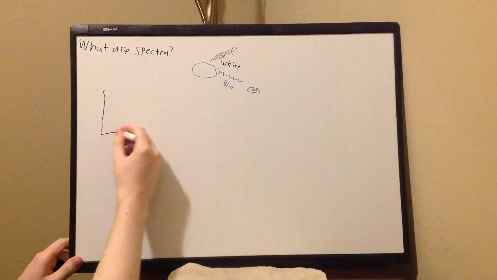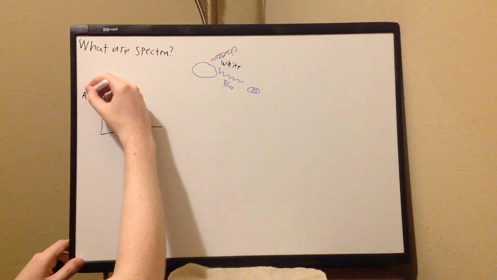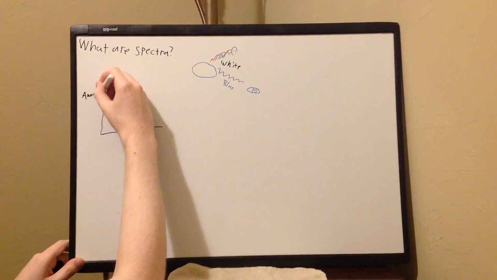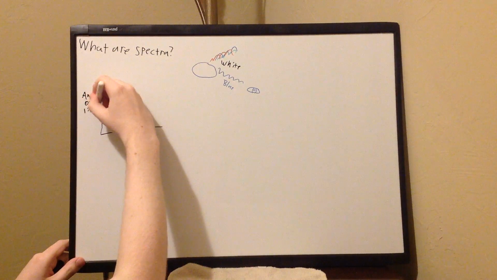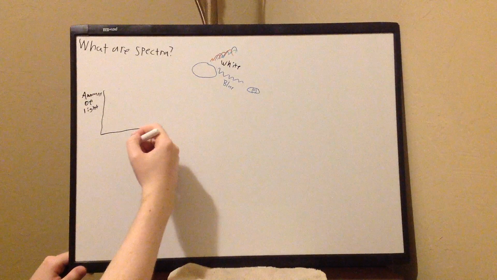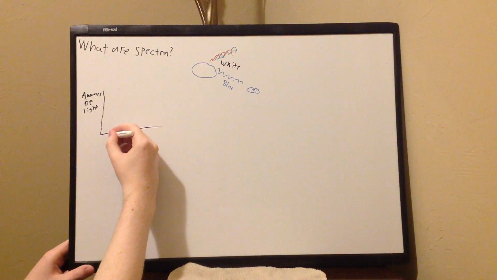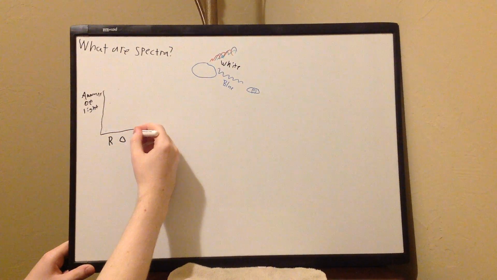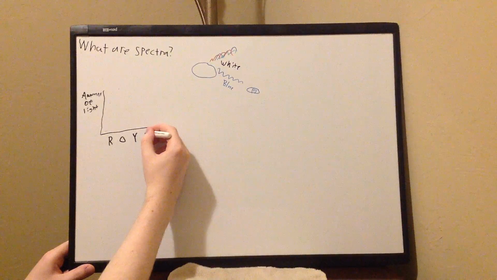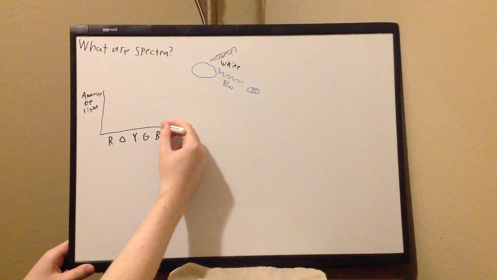We have a graph. The y-axis is amount of light, and the x-axis is wavelength, or color. So we could say, focusing in just on visible light for simplicity, here's our x-axis, Roy G. Biv.